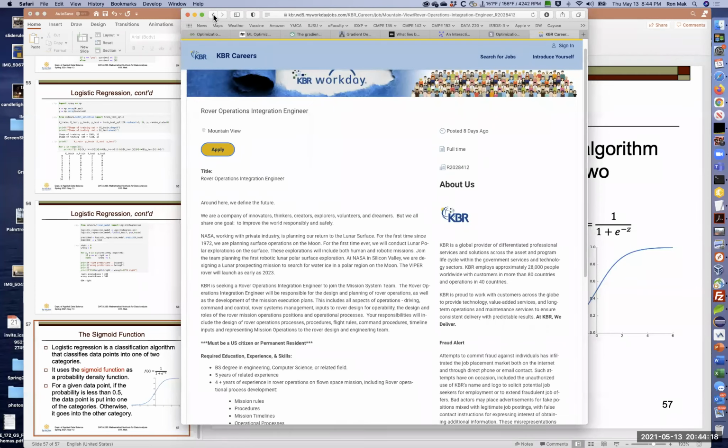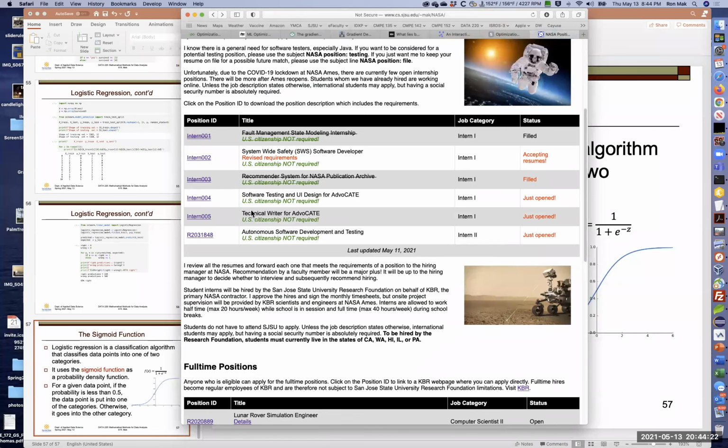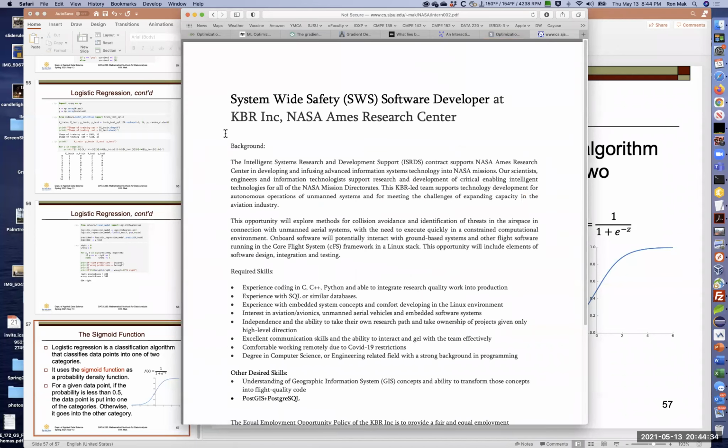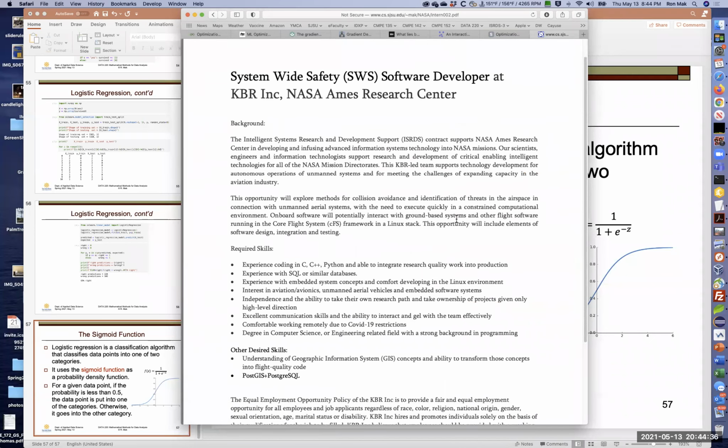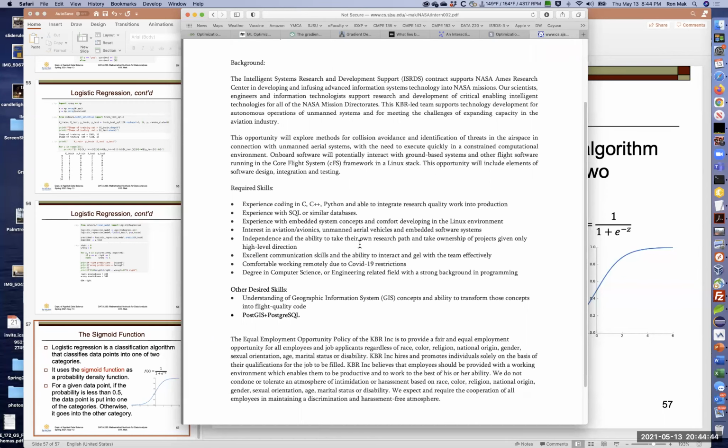Okay, but for the internships, I will look at all the resumes that I get, and then I forward the resumes to the appropriate hiring manager. Okay. And they do a pretty good job with these write-ups. They say what the job is about, what the skills are, and so forth. And then if your skills match and you're interested, then let me know.